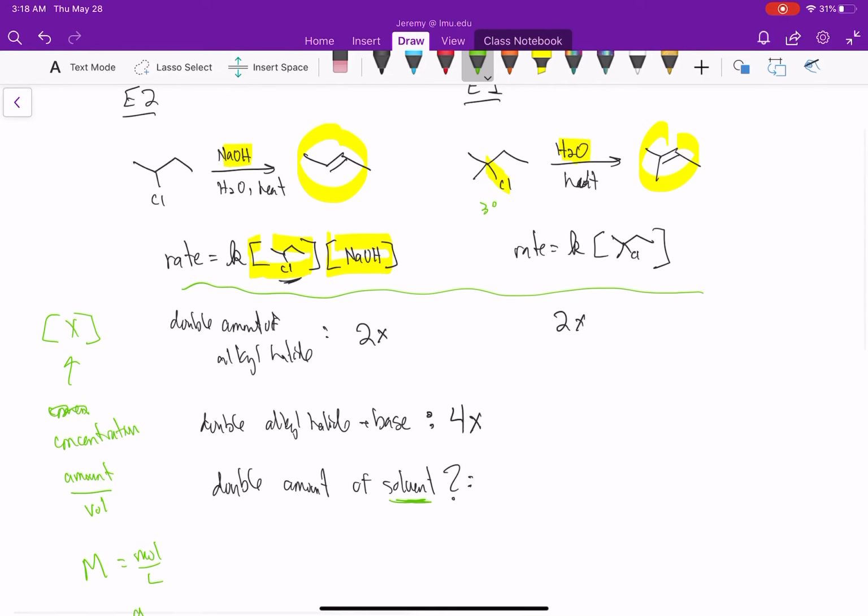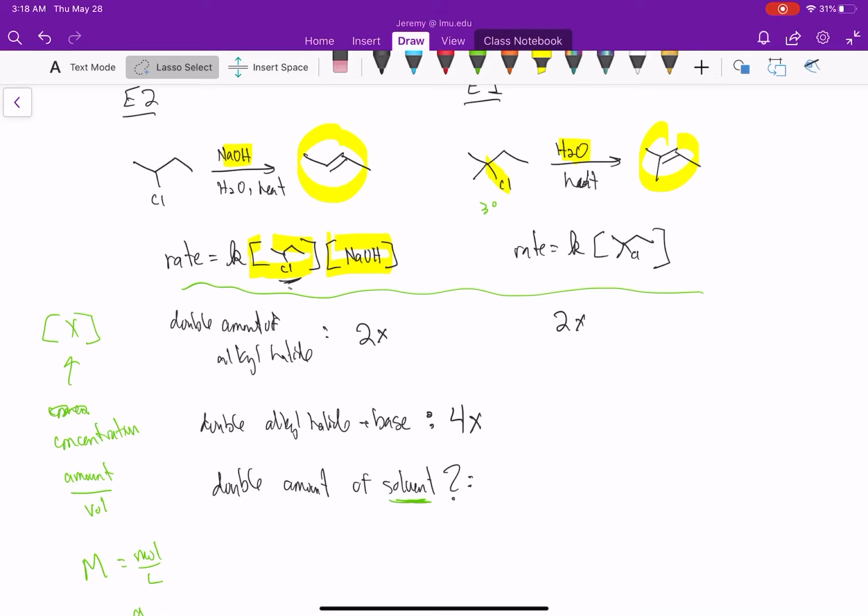If everything else is the same, this mass is the same, that mass is the same, but instead of 10 mL of water, I now use 20, what effect does that have on our concentration? If I've doubled my volume, I've now decreased the concentration. So if I've doubled my solvent, I've doubled the denominator here, so it's now 1/2.